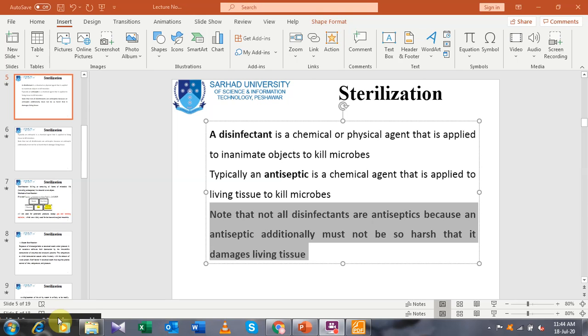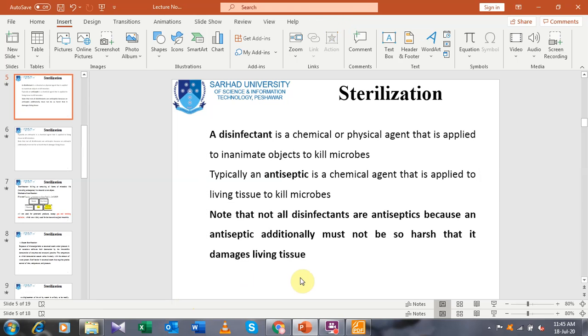Typically, an antiseptic is a chemical agent that is applied to living tissues to kill microbes. An antiseptic additionally must not be so harsh that it damages living tissue.